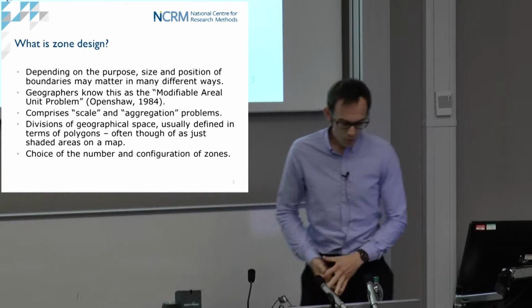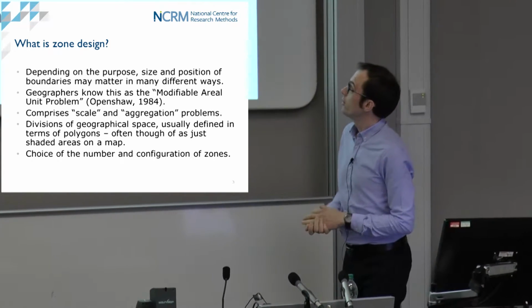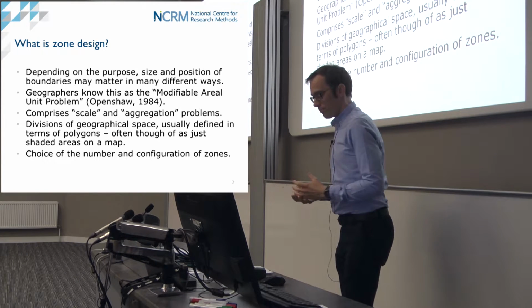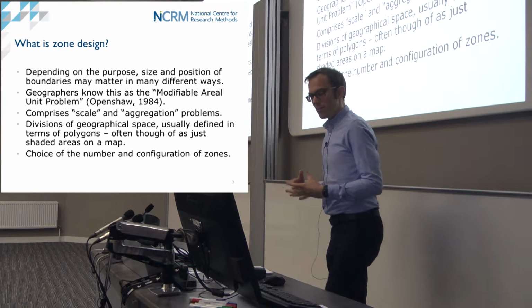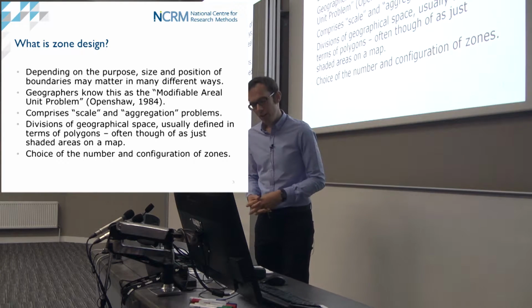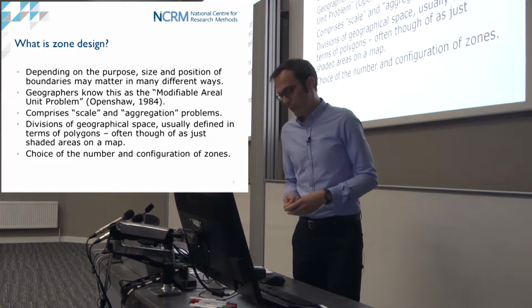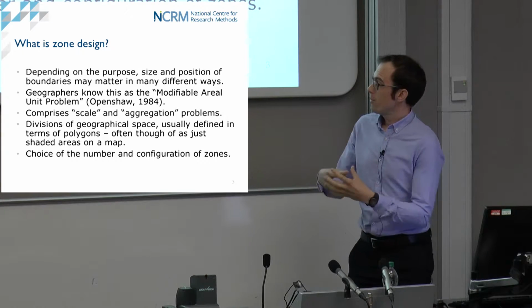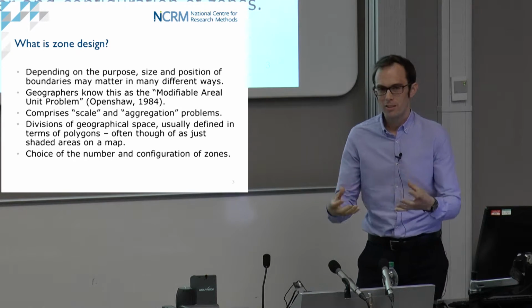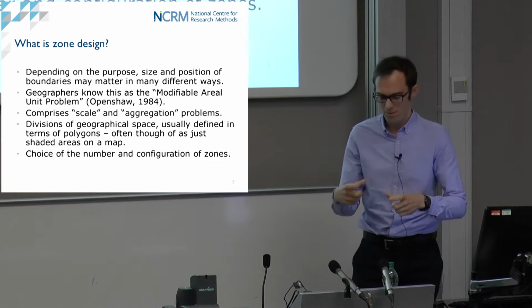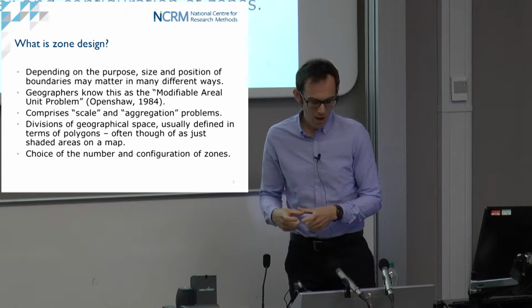So, what do we mean when we talk about zone design? Well, really, of course, areal units are key for collecting and organising information. And the reporting of statistics, if we think about when we're looking at statistics, we're often looking at specific locations.